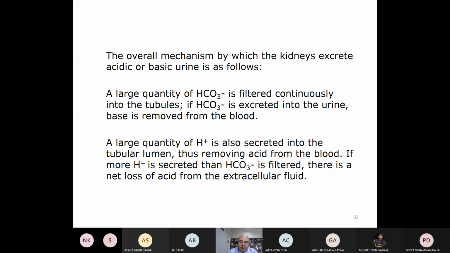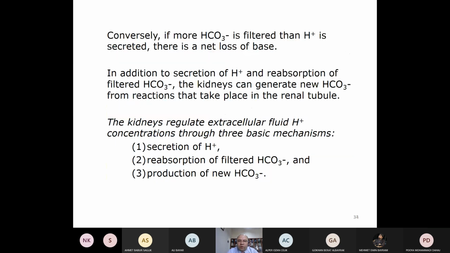If more hydrogen is secreted than bicarbonate is filtered, there is net loss of acid from the extracellular fluid, it means. Conversely, if more bicarbonate is filtered than hydrogen is secreted, there is a net loss of base.